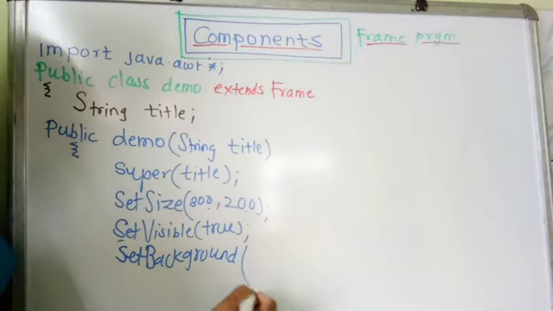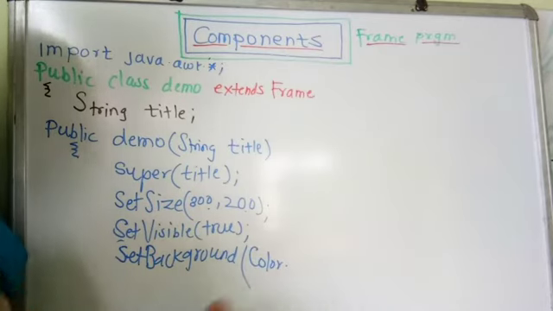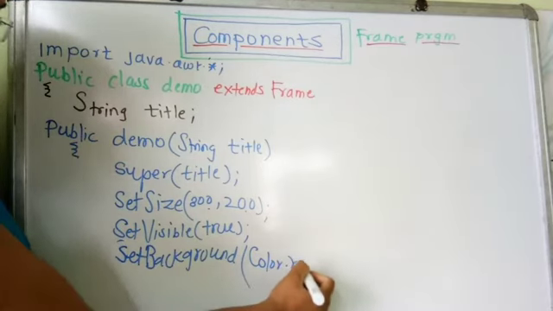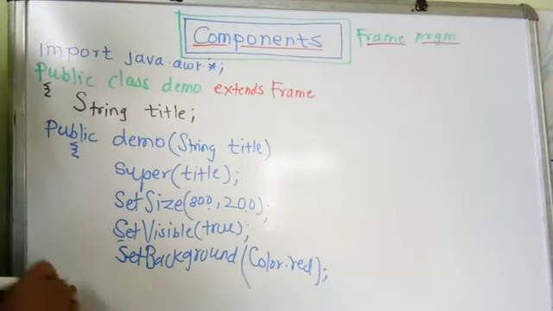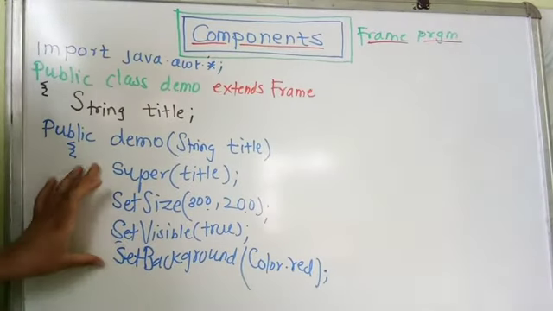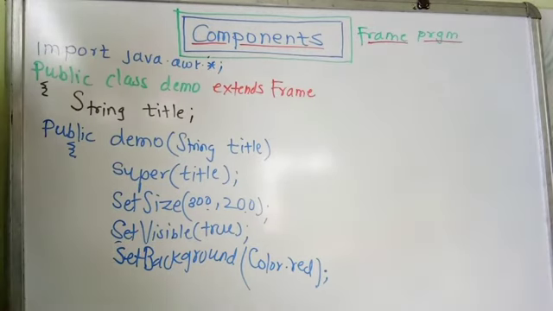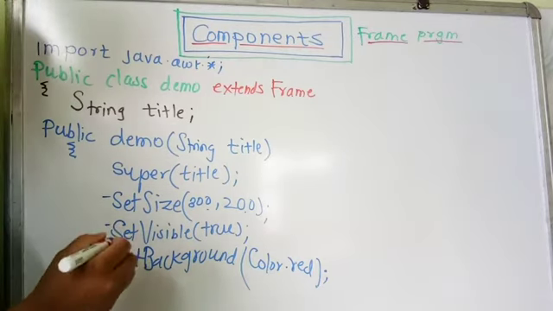In brackets use Color with the C capital, dot, then the name of the color whichever you want. The name of the color will be in small letters. So Color.red I am giving, and give the semicolon. For any frame designing purpose, this is the main mechanism to be compulsorily written in the constructor part.